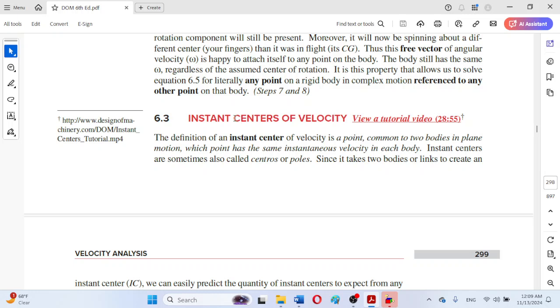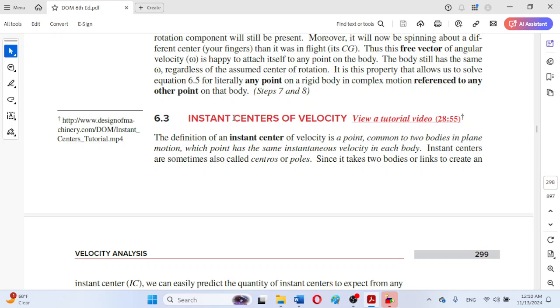At this stage we must also know the difference between absolute velocities and relative velocities. As the nomenclature indicates, absolute means that velocity is calculated with respect to some fixed frame of reference, or with respect to some point or some link which itself is stationary or not moving.